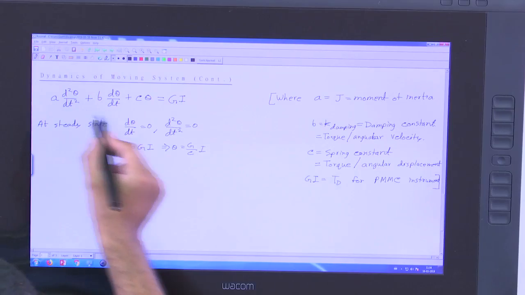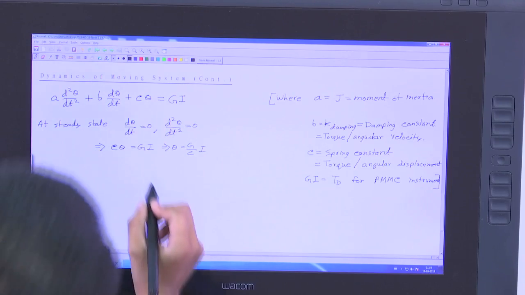Or, if it reaches that position at once, will it reach quickly or go there slowly? To find all this out, we have to solve this differential equation, a second order differential equation.